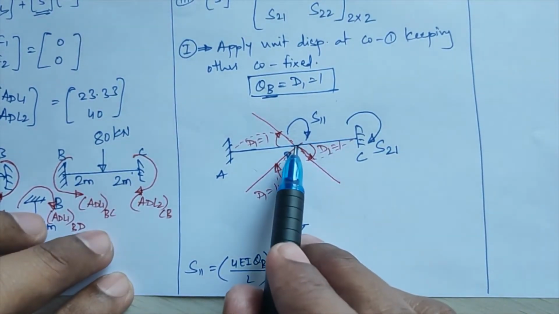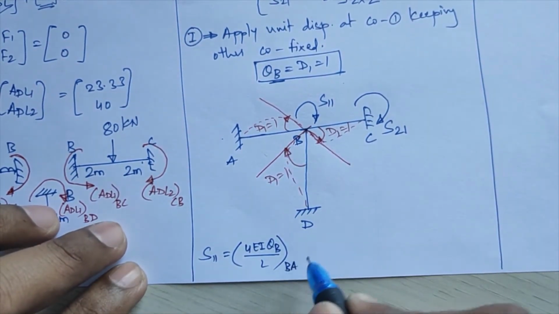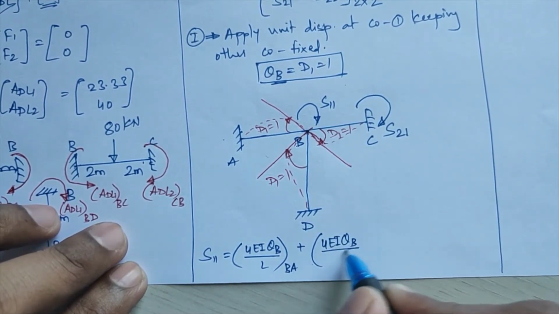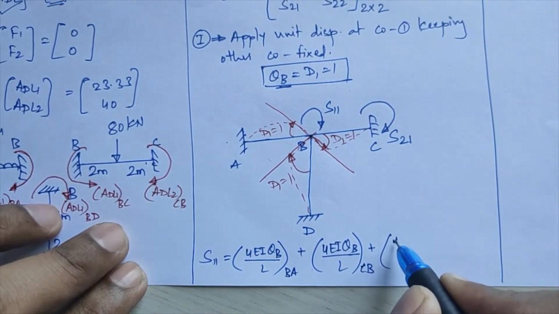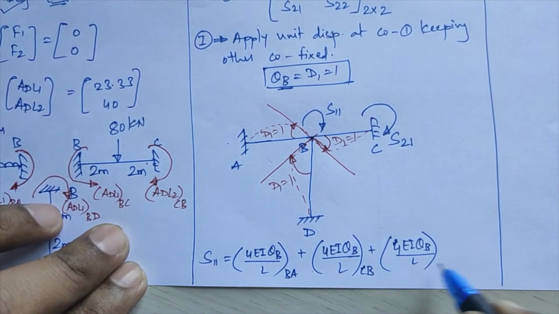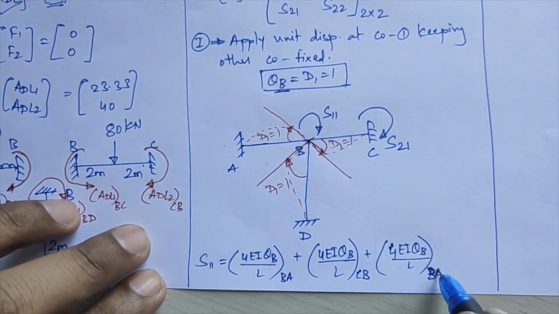But that will be cumulative for BA, BC and BD. So here I will write first for BA, plus again 4 EI theta B upon L, that will be for CB, plus 4 EI theta B upon L, that will be for BD over there.